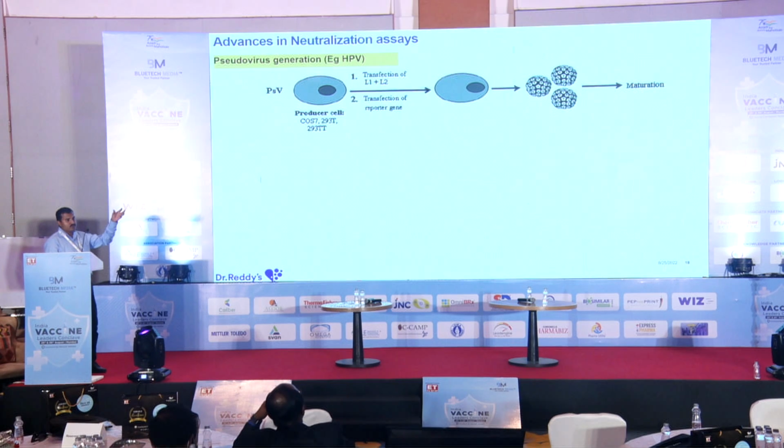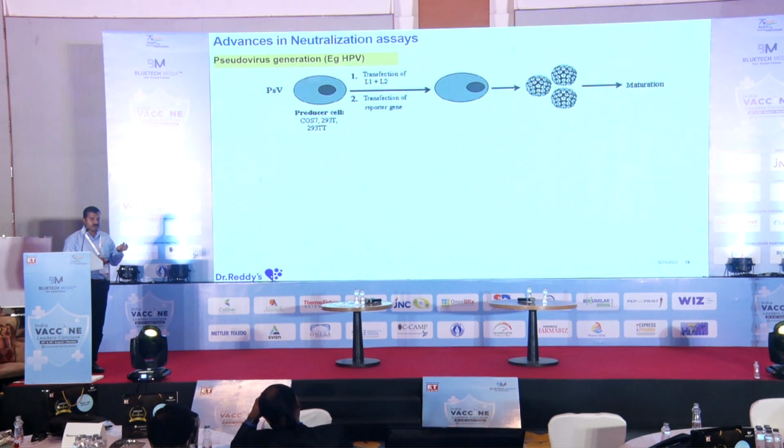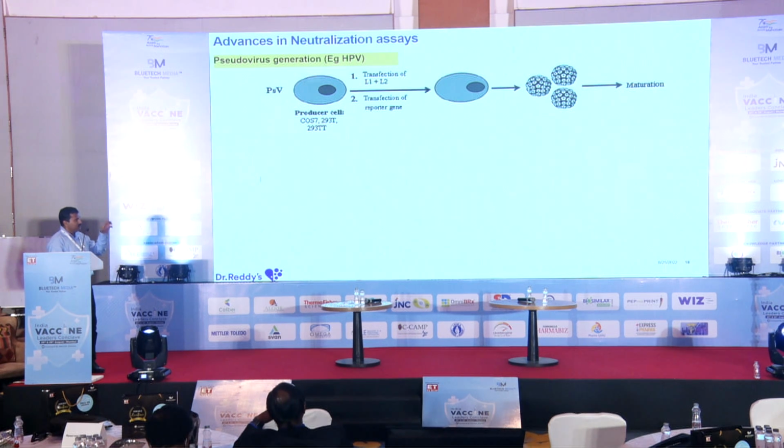So, these are the pseudoviruses. Now, they are exactly mimicking the original wild type virus. So, this does not require any BSL-3 or BSL-4. It can be happily done in a BSL-2 facility, and it exactly mimics the wild type virus activity, like the tropism and all that.